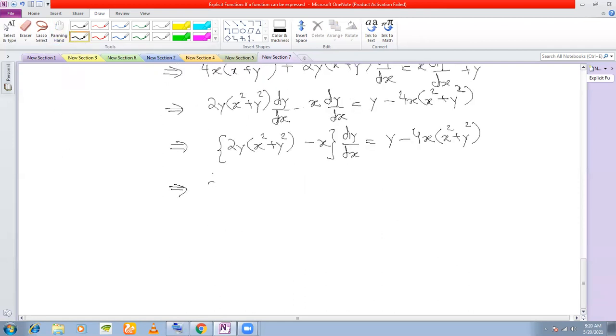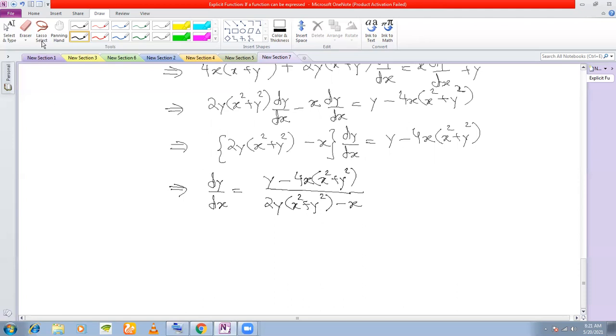And so therefore you have dy dx is equal to y minus 4x into x square plus y square divided by 2y x square plus y square minus x. That's it. That's the value of dy dx. Okay, and this is how you differentiate. Remember, when differentiating any function of y, you will first differentiate it with respect to y and then multiply it with dy dx. That's the rule.